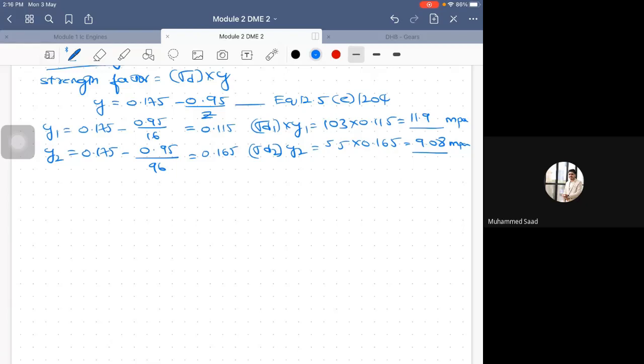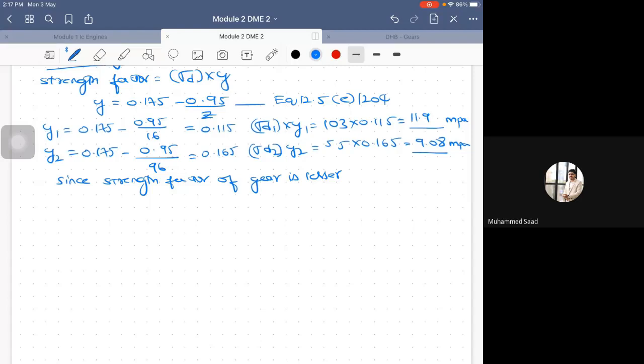Yes, sir. Okay, so just write: since the strength factor of gear is lesser, whatever you want, you can write it.